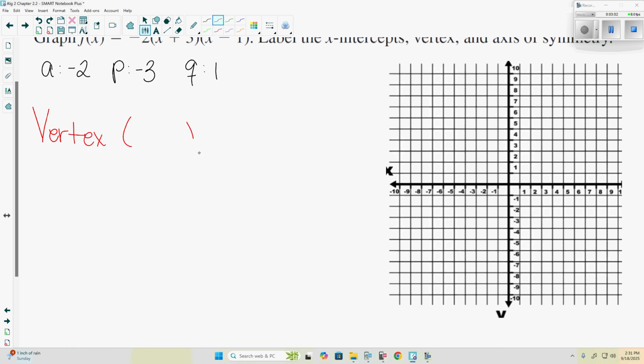So we do want to find the vertex, the axis of symmetry, and the x-intercepts.